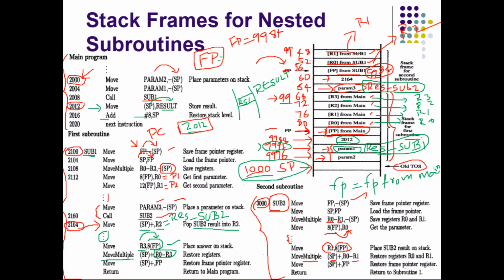Whenever a subroutine is getting called, first we push the frame pointer content into the stack, then we push the register contents into the stack, and then get the parameter and perform the operation.